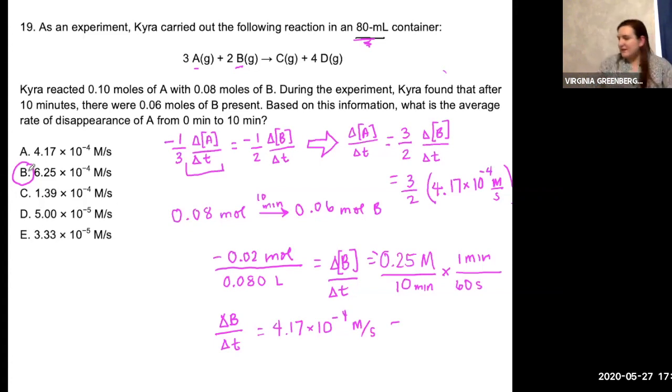And if you lost a negative along the way, it doesn't matter because we're always going to report rates as being positive numbers. Okay, so we have to use the stoichiometry, but then we also had to be really careful with units in this problem. So we had to take our moles, make it molarity, we had to take our minutes and make them seconds.